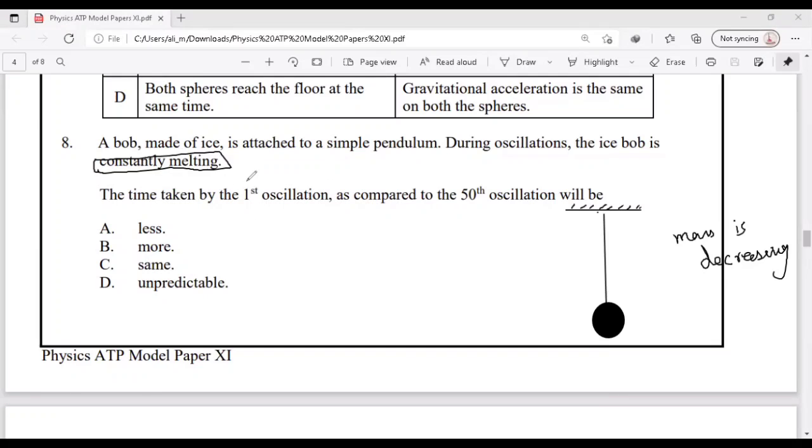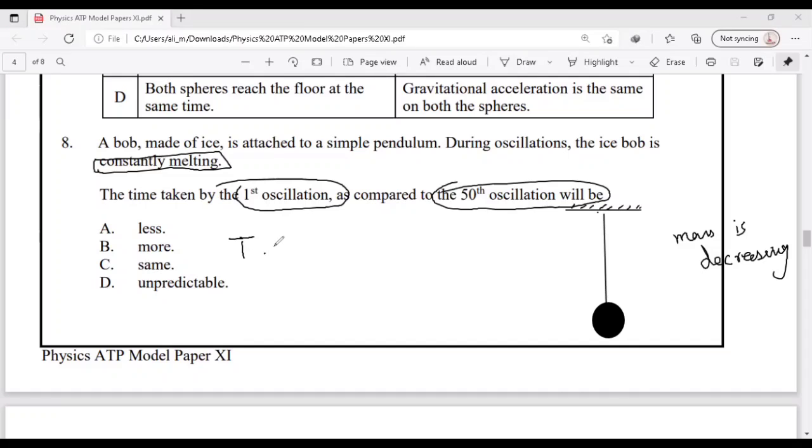The question asks about the time taken by the first vibration and the time taken by the 50th vibration. So, what will be the difference between them? We know that the time taken by the first vibration or second vibration or 50th vibration is known as the time period.